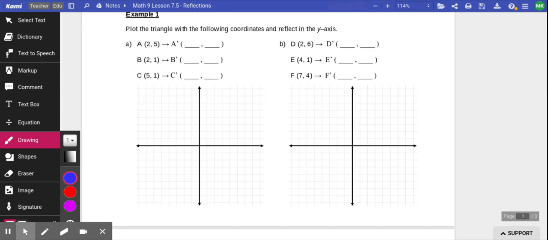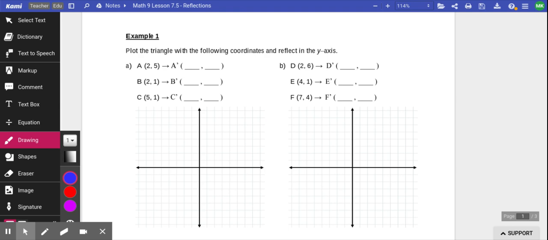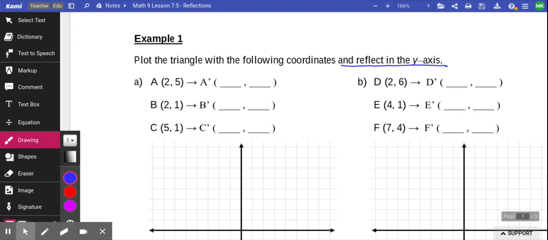It says plot the triangle with the following coordinates and reflect in the y-axis. Okay, that's important. Every question, if it's asking you to reflect something, should give you what you're reflecting around. In this case, it said reflect in the y-axis. So that means flip to the other side of the y-axis.